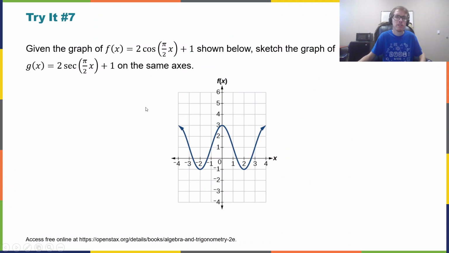Number 7 gives a cosine graph and says to sketch the graph of the secant graph that corresponds to that. That's actually really easy because wherever the cosine is at its midline, which appears to be at 1, we have vertical asymptotes.